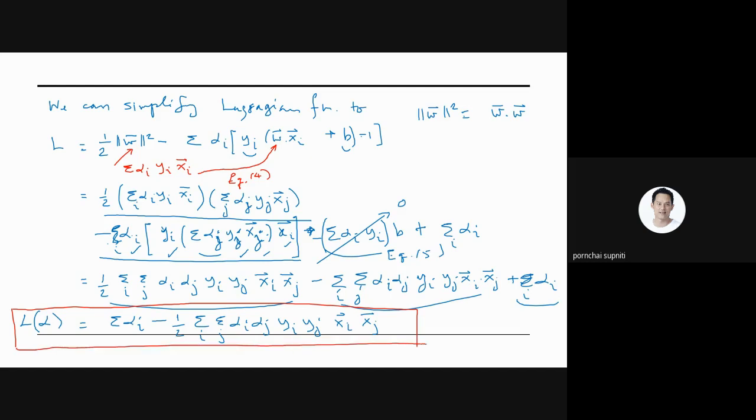Okay, and so basically we can minimize this term with respect to alpha. Okay, and also subject to the conditions which are 1, alpha i is greater than or equal to 0, and 2, summation alpha i yi is equal to 0.